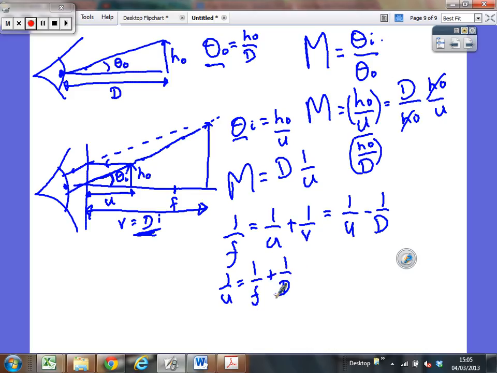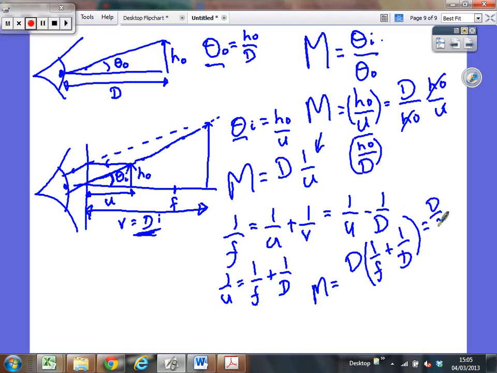Then we can substitute this 1 over u into the magnification, so the angular magnification becomes d times 1 over f plus 1 over d, which is equal to d over f plus d over d. So the angular magnification is equal to d over f plus 1.